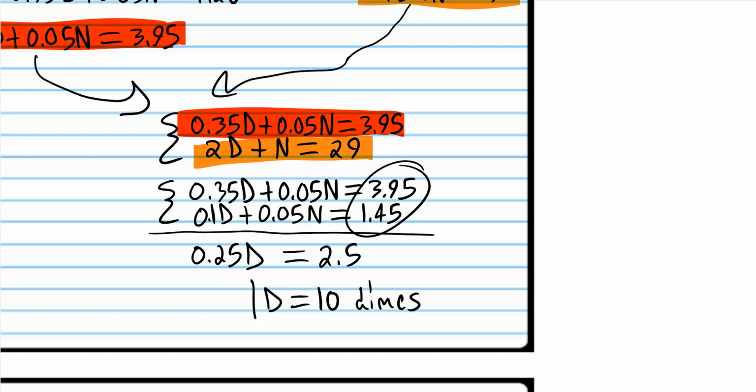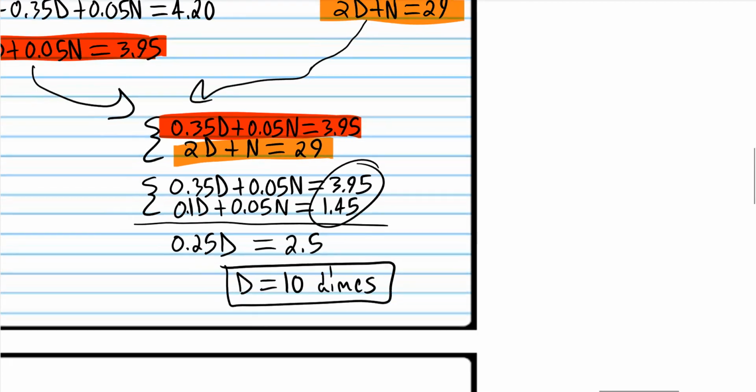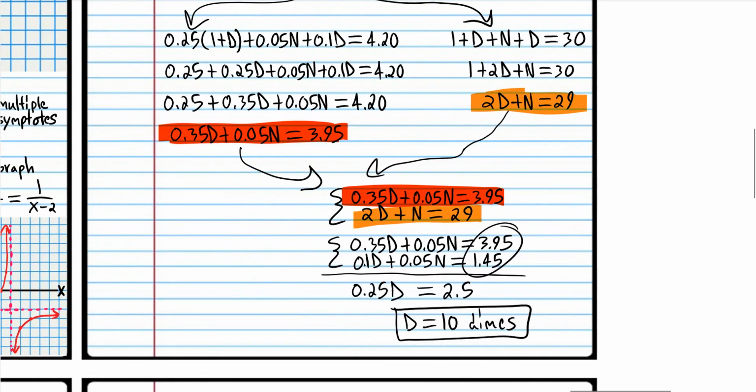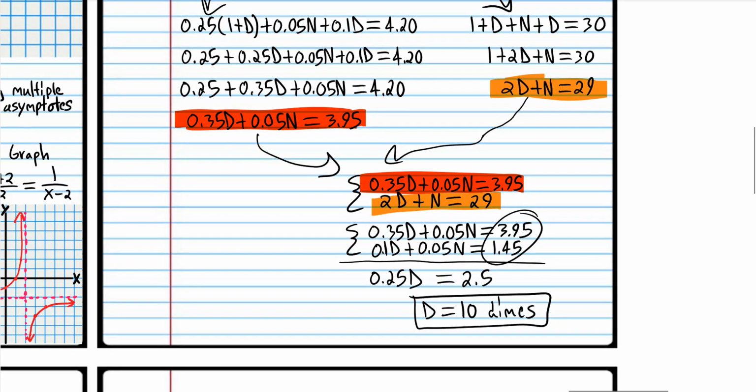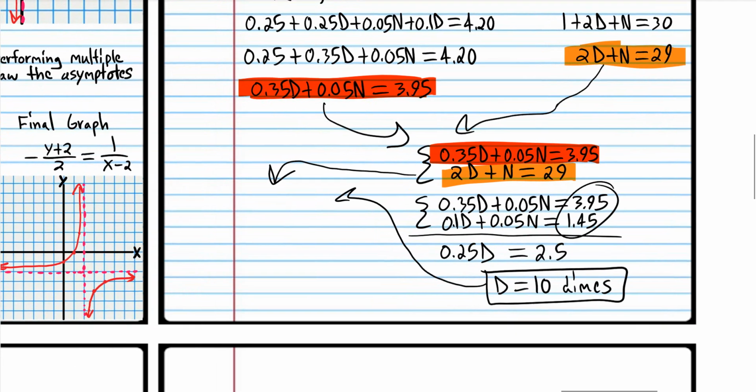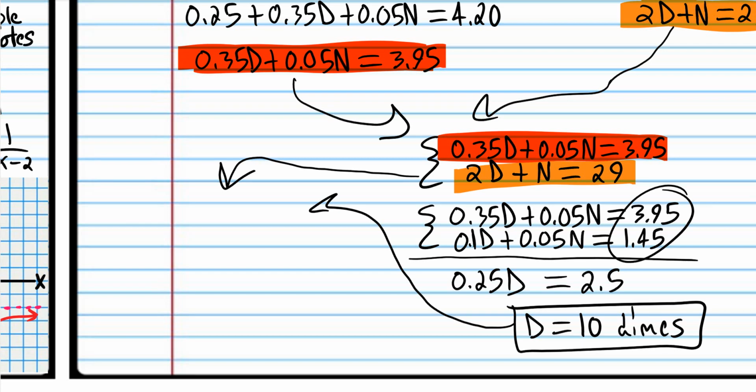So that is one of my answers. So now I can backtrack. I can now take this orange equation along with my number of dimes, and I can figure out the number of nickels.